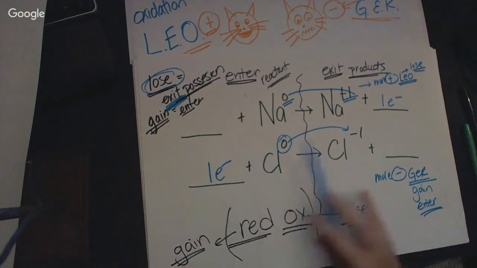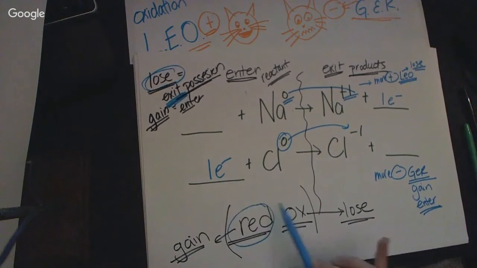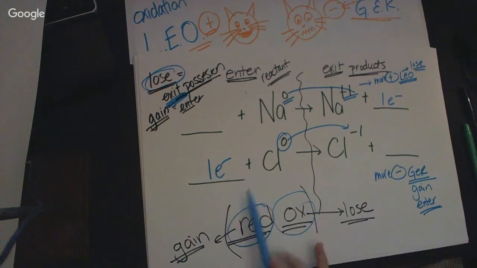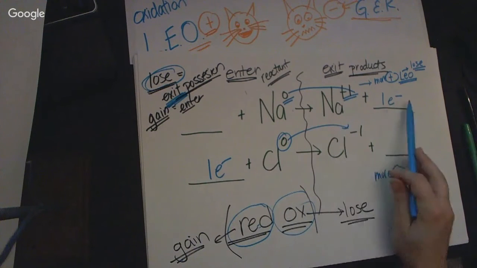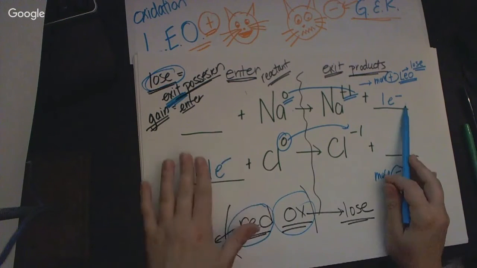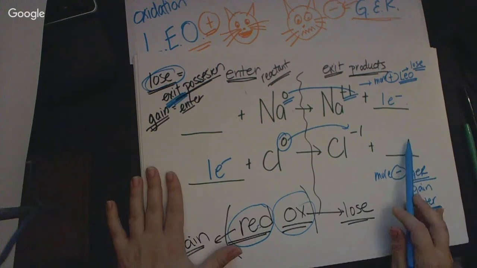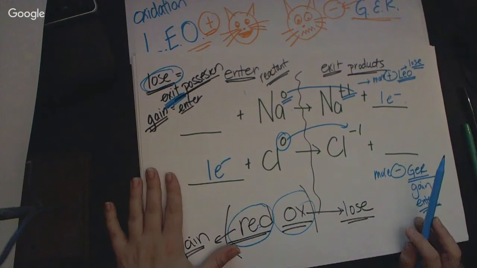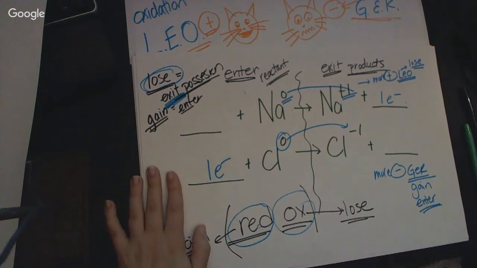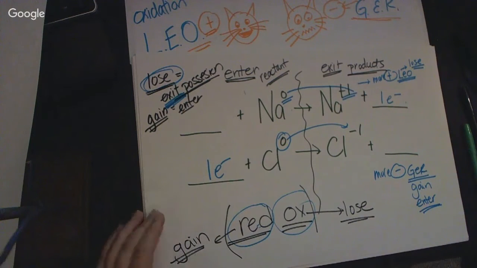Now, this is your self-check because Danny McDonald just said, why is it redox? Well, someone has to gain. The chlorine gained electrons, but somebody had to lose, which means the sodium had to lose over here. If I had both of my electrons over here, that means we have 2 losers, and that's never cool because that doesn't work. If we had 2 gainers, again, that doesn't work because somebody has to lose and somebody has to gain.